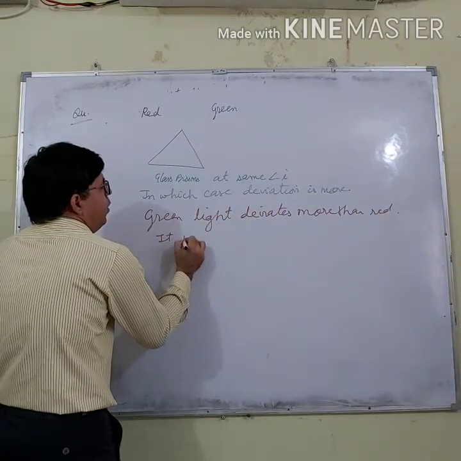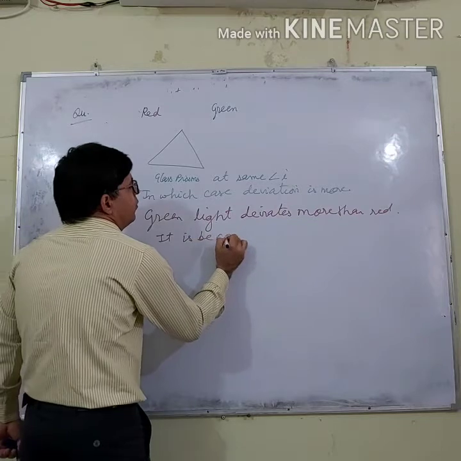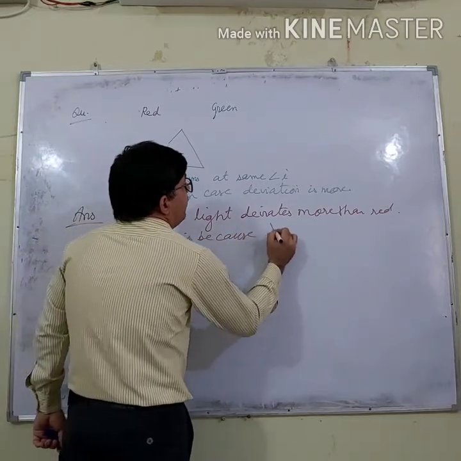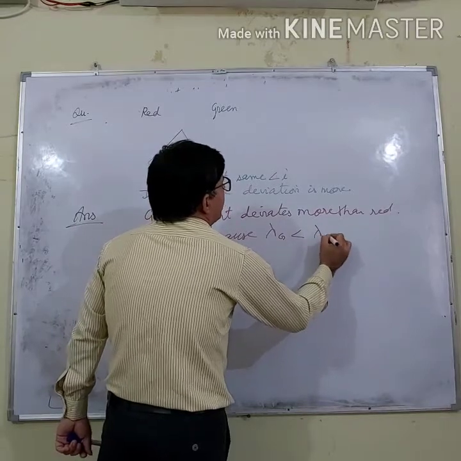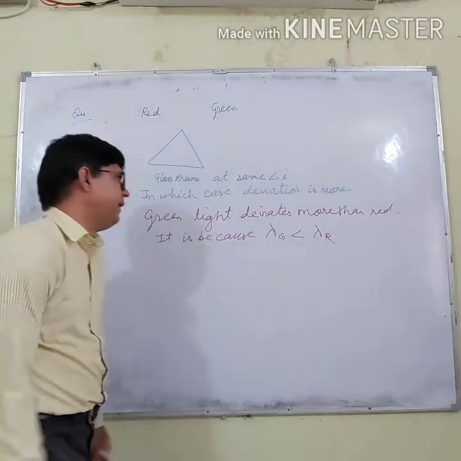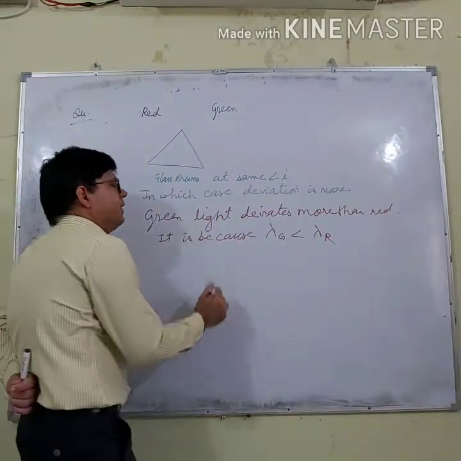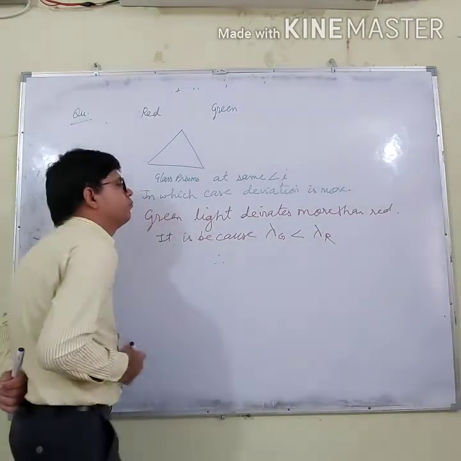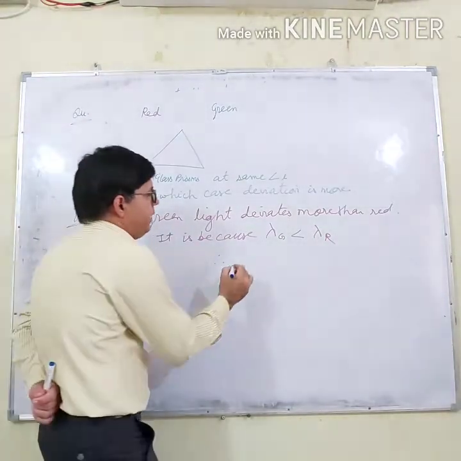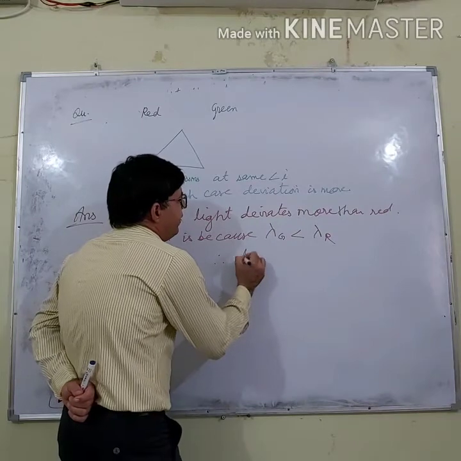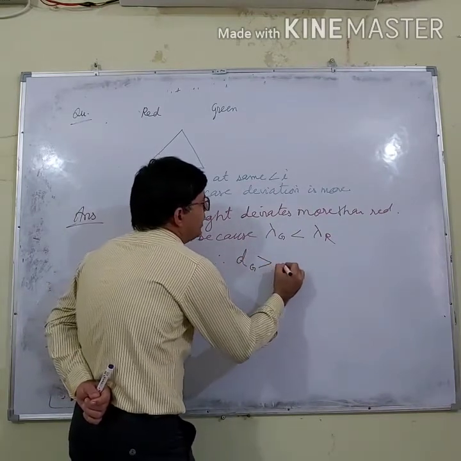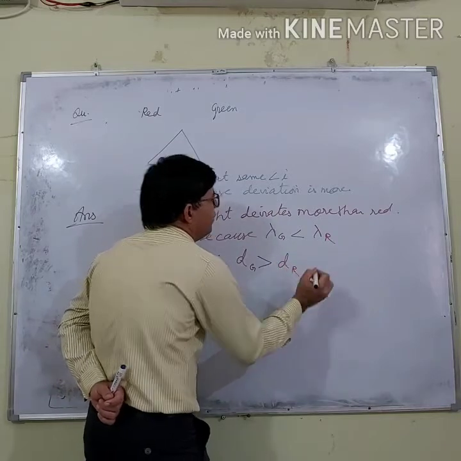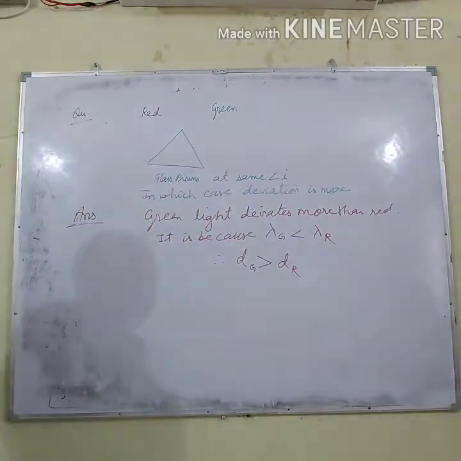It is because the wavelength of green light is less than the wavelength of red light, and I can say that the angle of deviation for green is more than the angle of deviation for red, right?